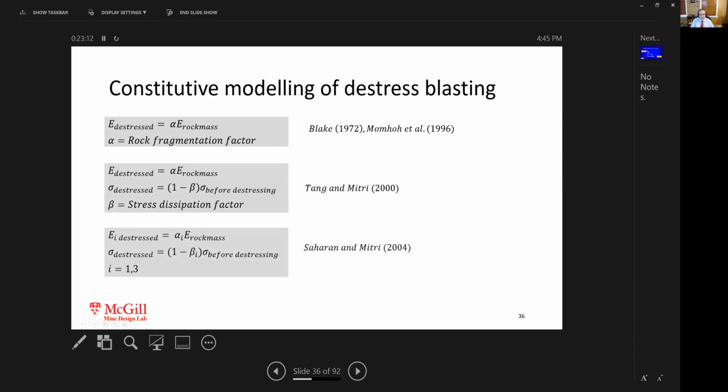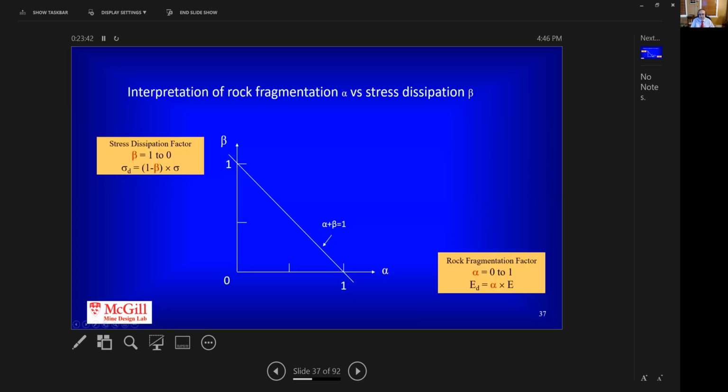Later on in 2004, Saharan argued that the destressed material, although isotropic, becomes anisotropic after destressing because of the preferential crack orientation, or fracture orientation, being parallel to sigma 1. As a result, you need alpha 1 to alpha 3 and beta 1 to beta 3, different stress reductions and different fragmentation factors.